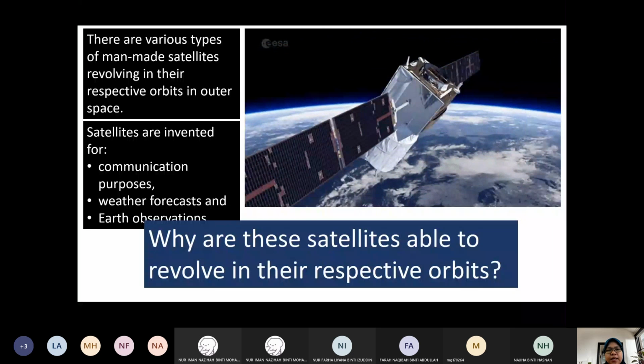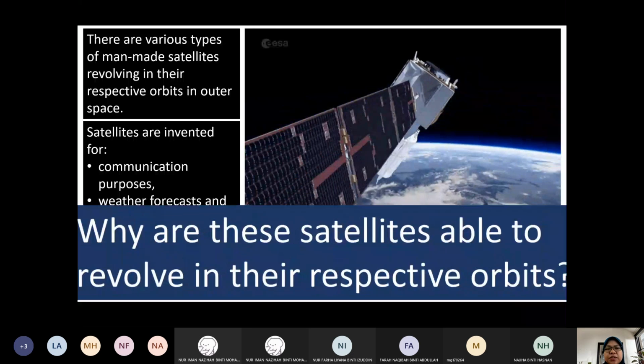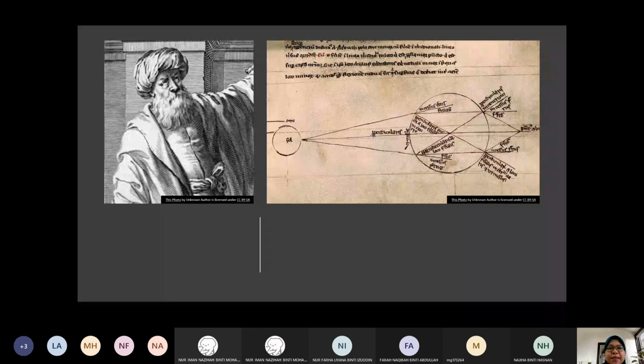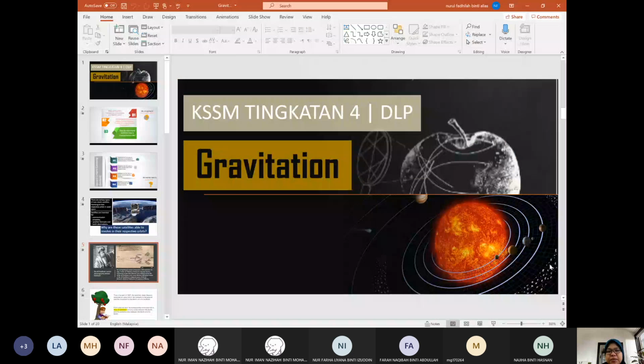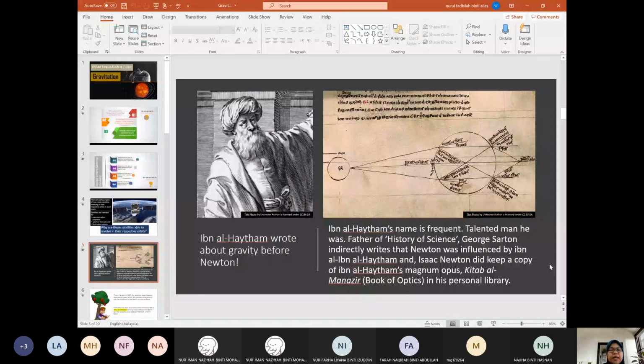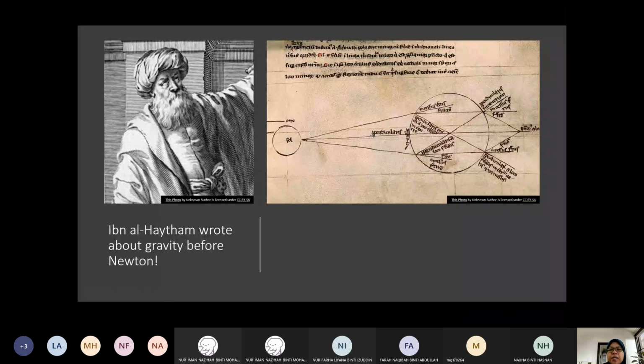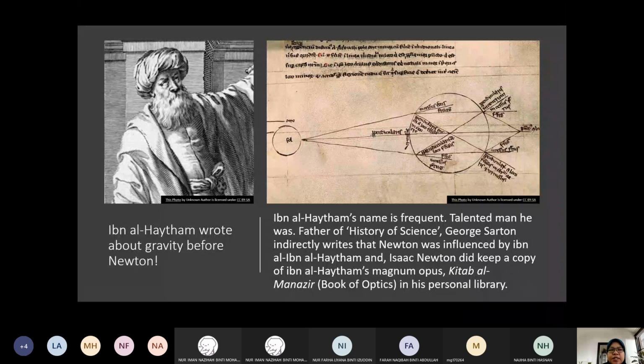Okay. Right. So who is this? Anyone? Dah baca, dah tengok? So this is an Islamic scholar, Muslim scholar. Nama dia Ibnu Al-Haytham. Selalu orang sebut tentang Newton kan?